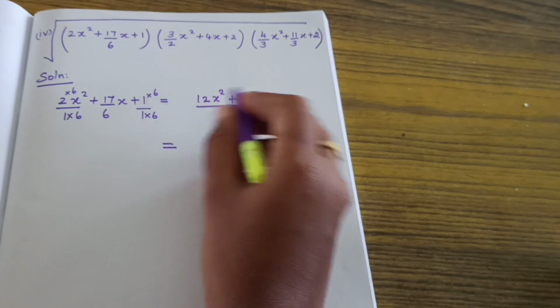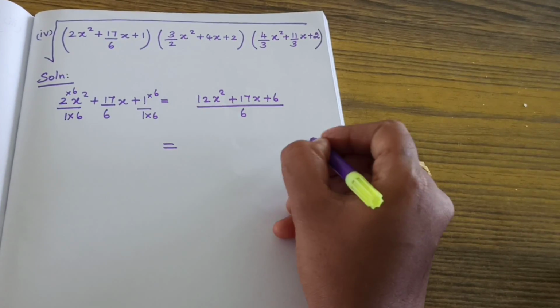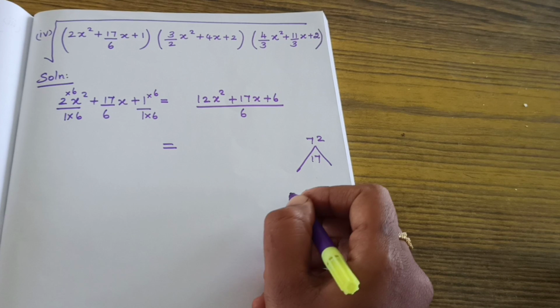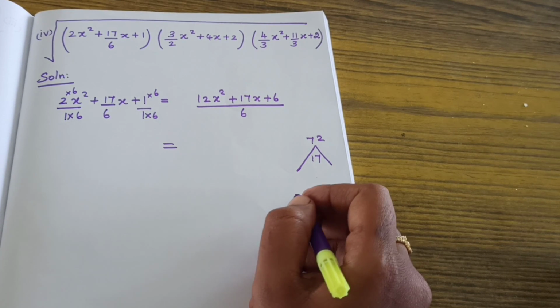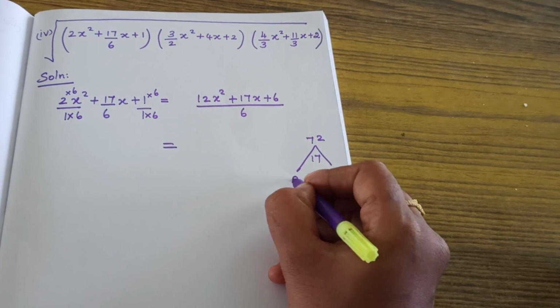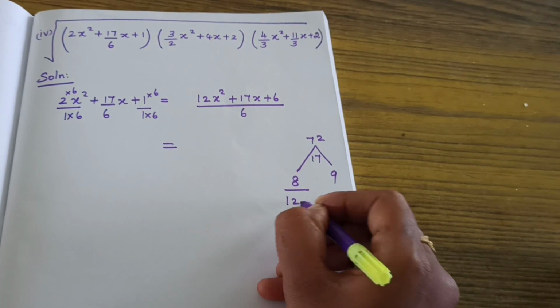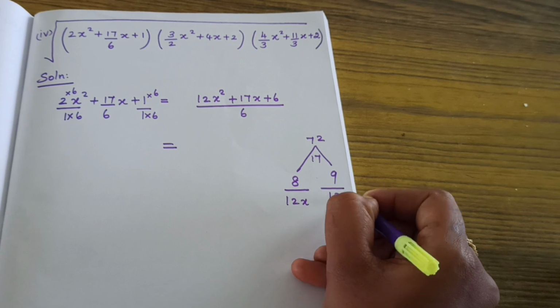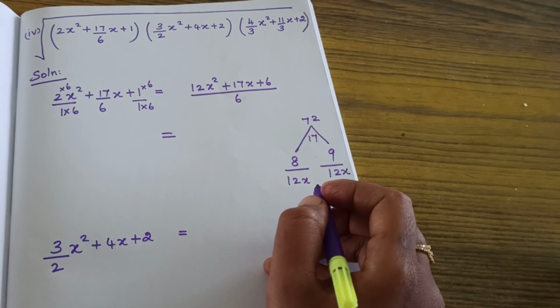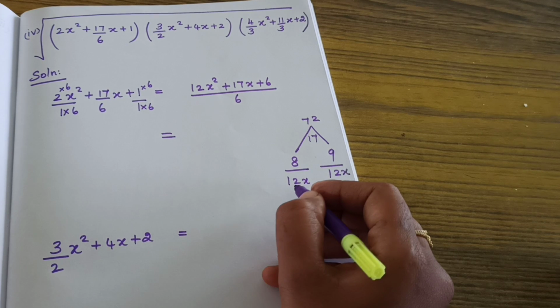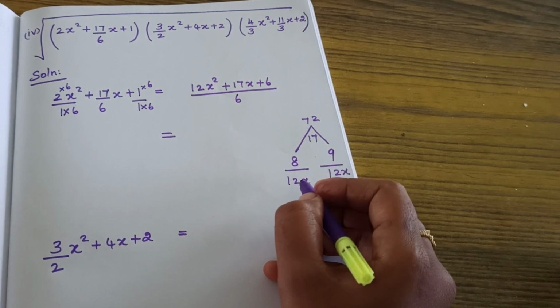Which is equal to, now I am going to factorize this. While multiplying I need to get 72 and adding 17. Can you guess? In 8th table is it possible? Yes. 8 9s are correct. So divided by 12x, divided by 12x. Okay, now cancel the terms. 8 and 12, which table? 4th table, shall we cancel?